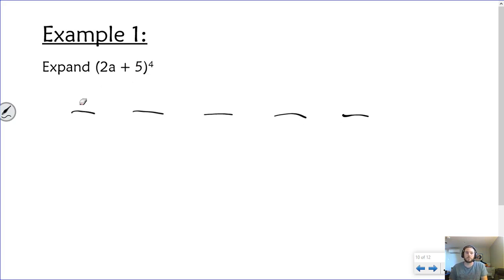So when we're putting something to a power, it's going to be all of 2a to the power of 4, and then all of 2a to the power 3, and then all of 2a to the power 2, and then all of 2a to the power 1, and then 2a to the power 0 is 1.